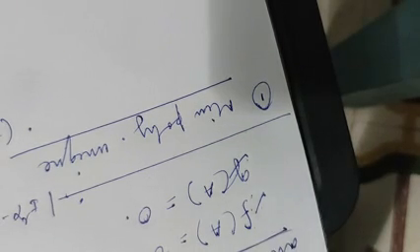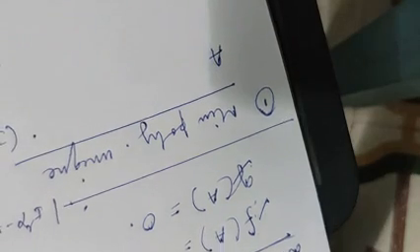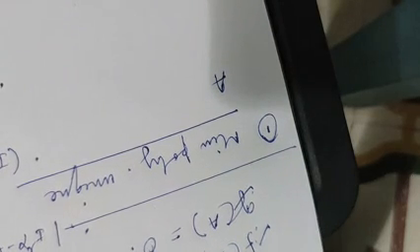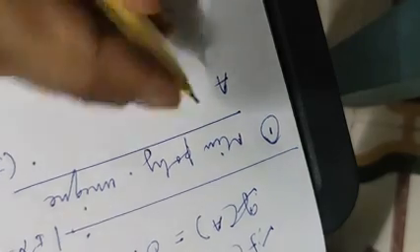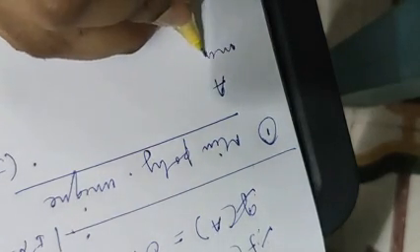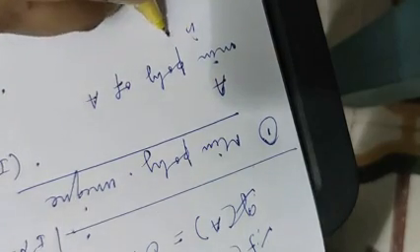So we need to prove that. For proving it, let us consider a matrix A over a field K, and let the minimal polynomial of the matrix A be of degree r.